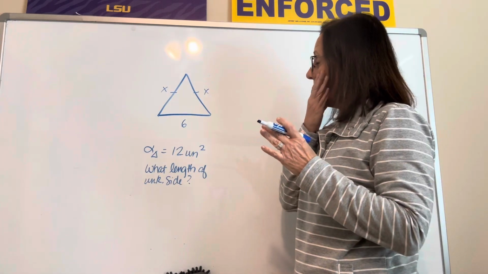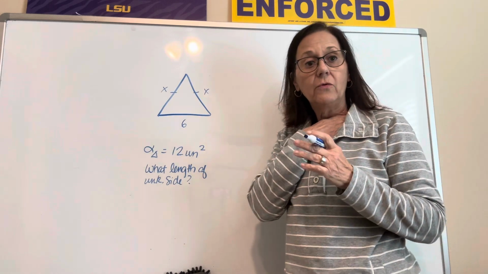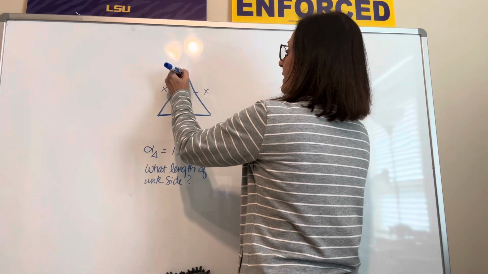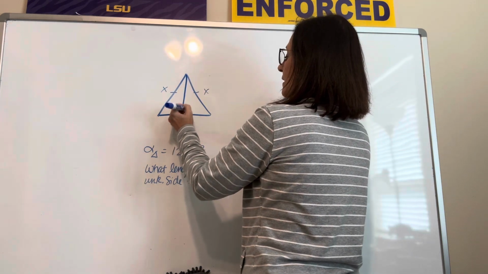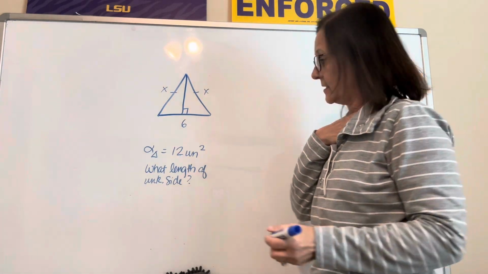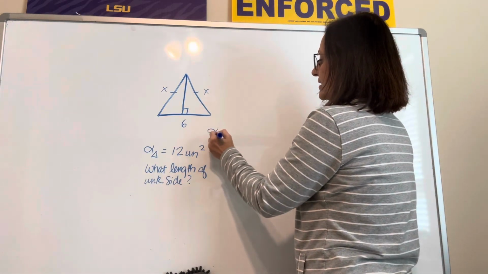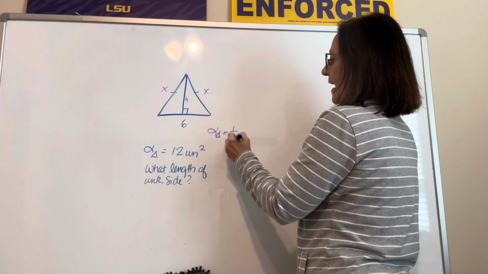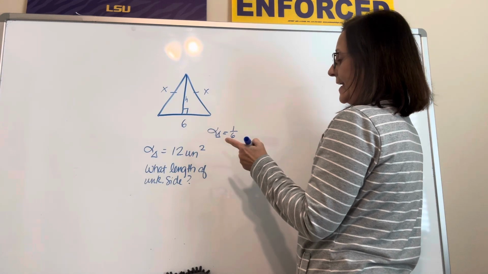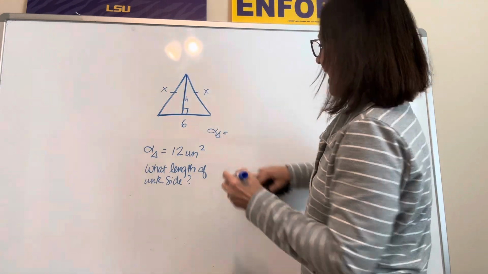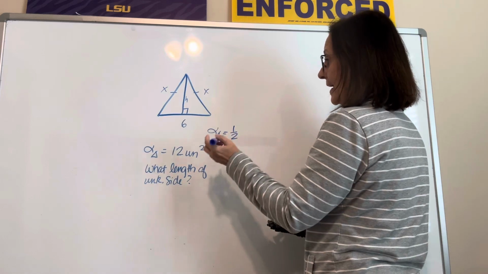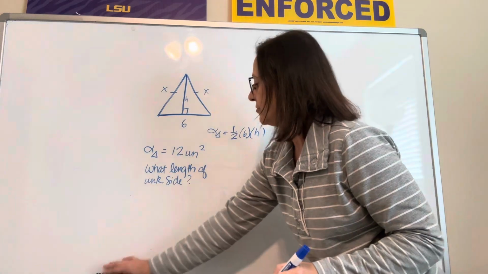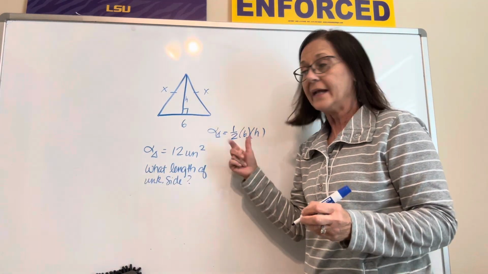If you have an isosceles triangle, when you draw the altitude or the height, so it's from the vertex perpendicular to the base, then the area of that isosceles triangle is 1/2 base, I wrote 6, 1/2 base, which is 6, times height. All right, so I can use the area to solve for the height.